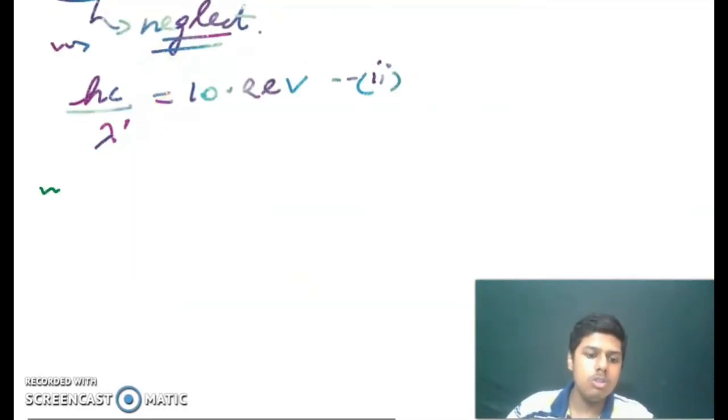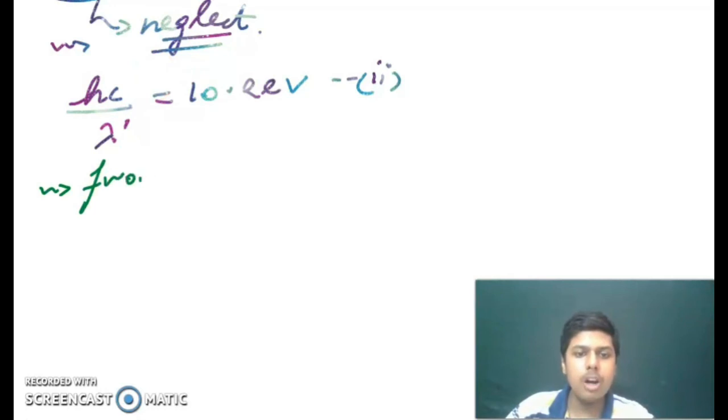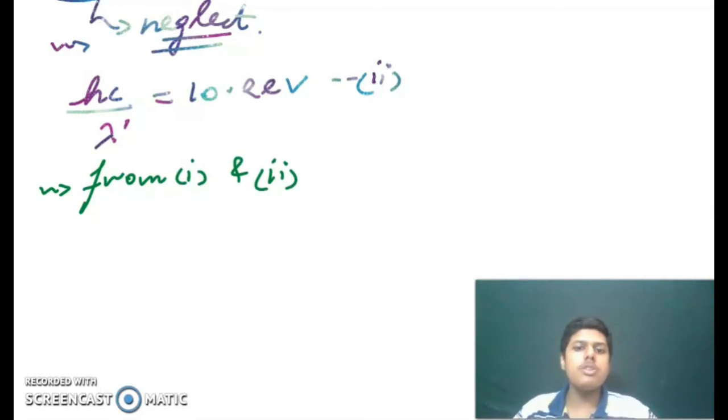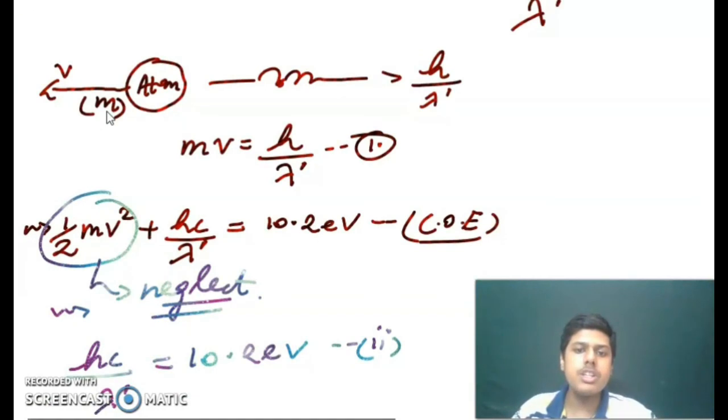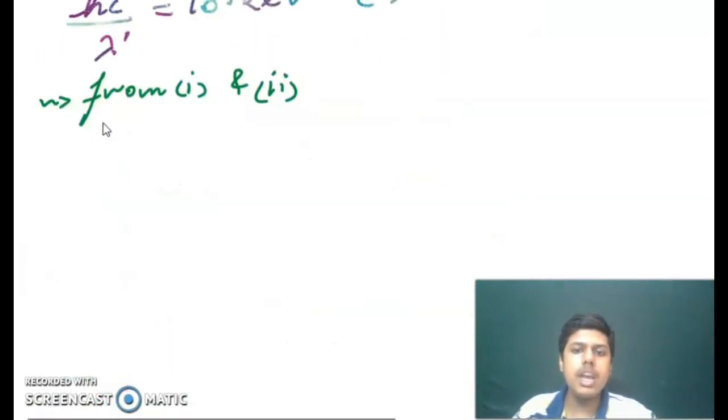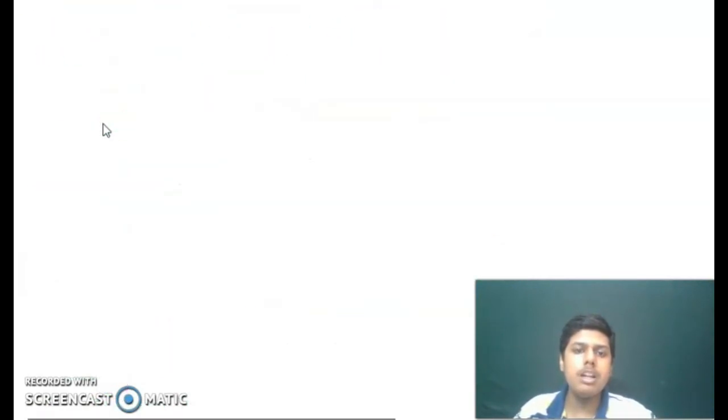So now from equation 1 and equation 2, hc over lambda dash is equal to 10.2 electron volts. This is the second equation, while the first equation is mv is equal to h upon lambda dash.